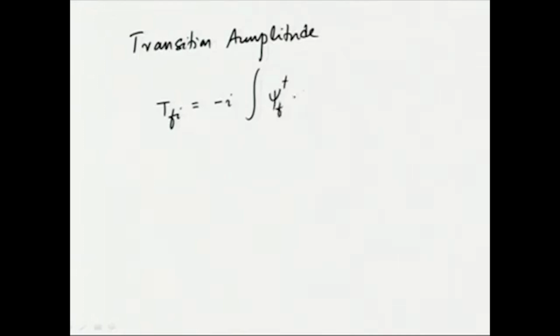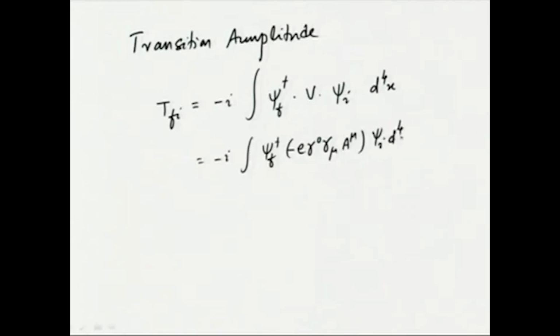Now, using perturbation theory, we have the transition amplitude T f i equal to minus i integral psi f dagger V psi i d4x, which equals minus i integral psi f dagger times minus e gamma 0 gamma mu A mu psi i d4x.